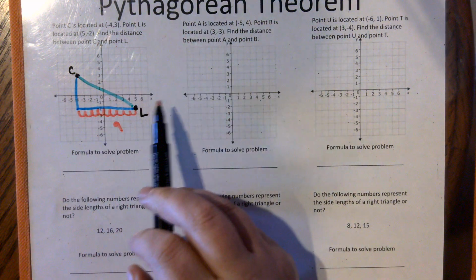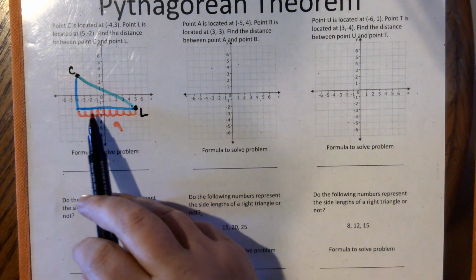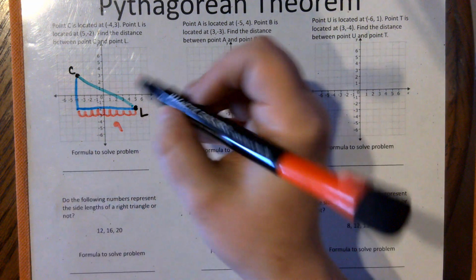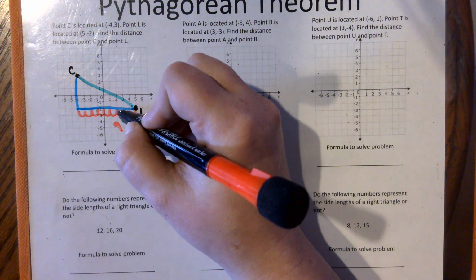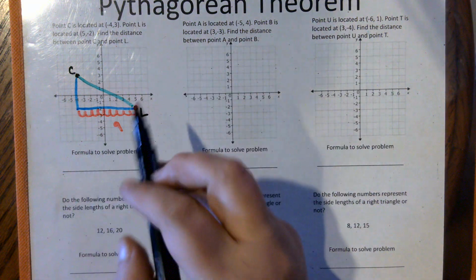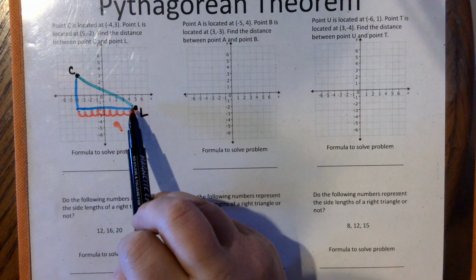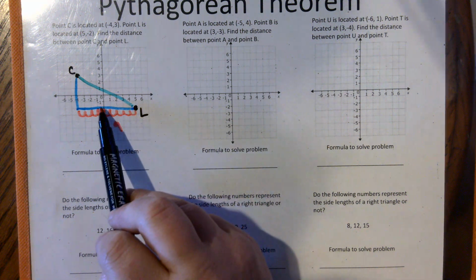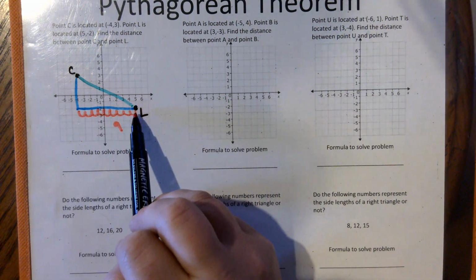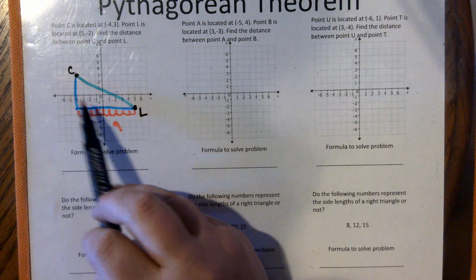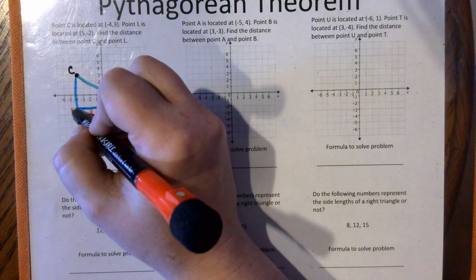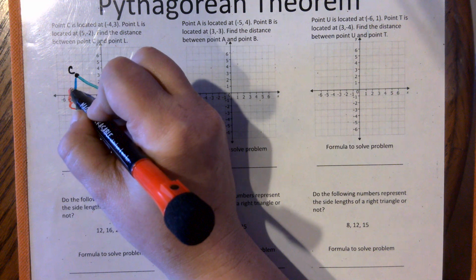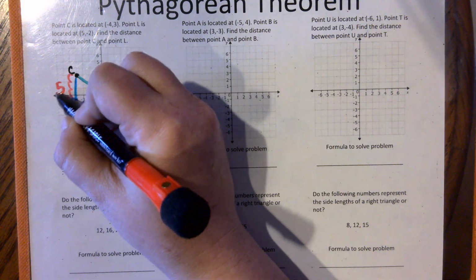Guys, the common mistake here is that students count blocks and they lose track of it. So if it was me, I would count from line to line. That's 1, 2, 3, and so on, okay? Or you can use the method I taught you earlier. From 5 to 0 is 5 hops, so from here to here is 5. From 0 to 4 is 4 hops, so 5 plus 4 is 9, okay?